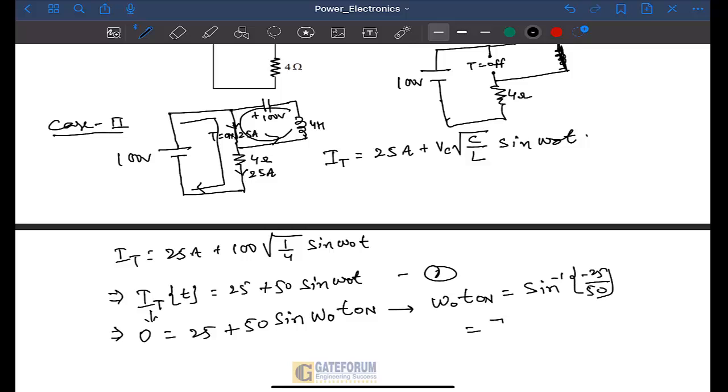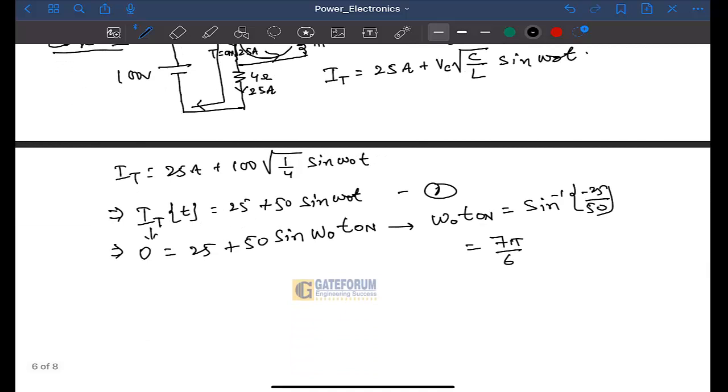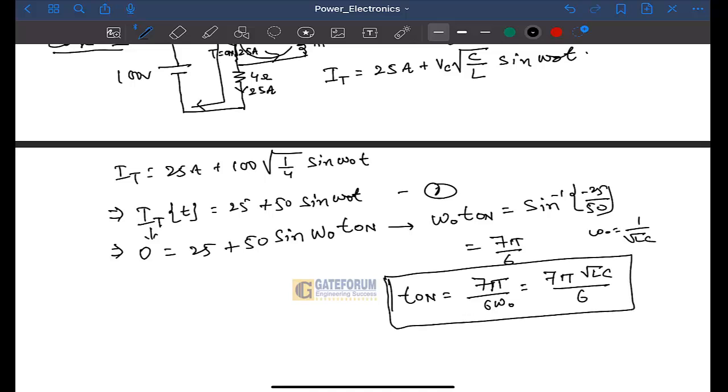It will be 7 pi by 6. So T on will be 7 pi by 6 into omega naught, where omega naught is 1 by under root LC. So we can say that 7 pi into under root LC divided by 6 is the time period for which your thyristor will conduct.